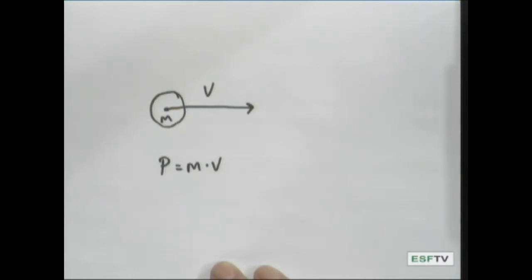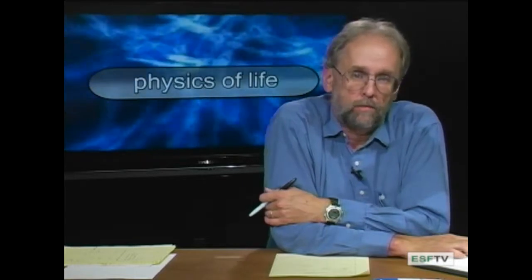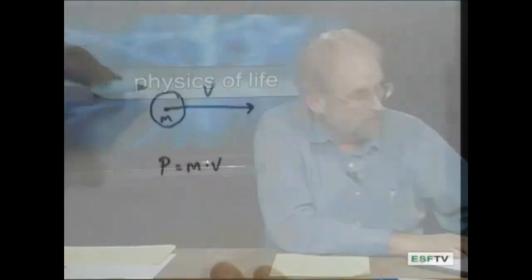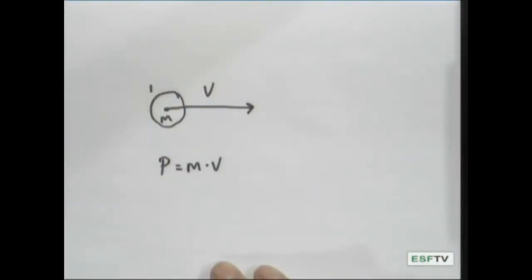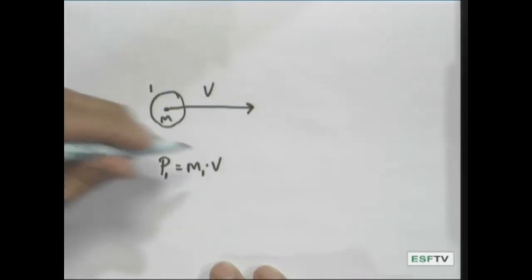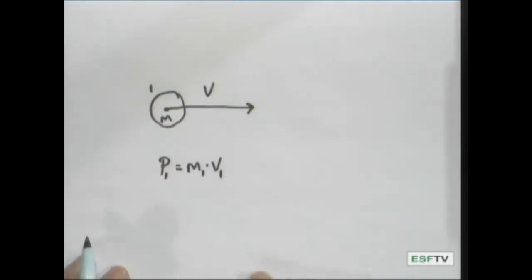Now, we want to see how this relates to other bodies that are similar in mass or shape or what have you. So we're going to define this as body 1. And so what we're really referring to is the momentum of body 1, which is the product of body 1's mass and body 1's velocity.